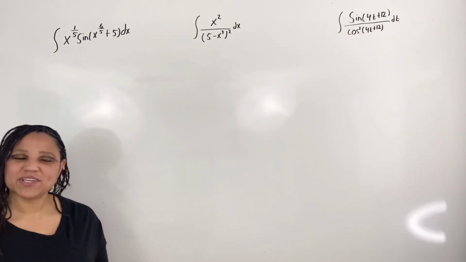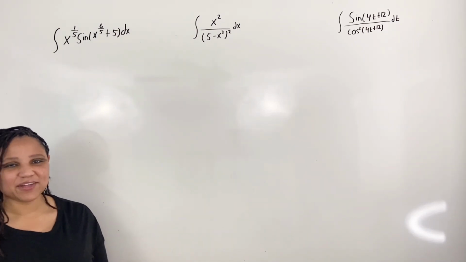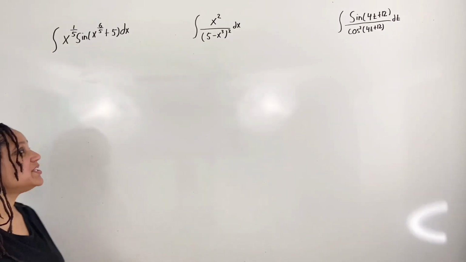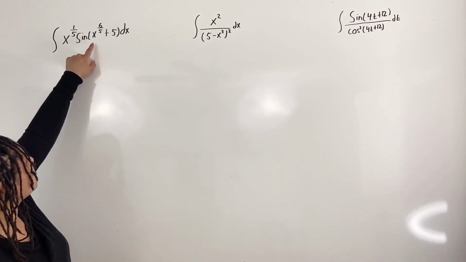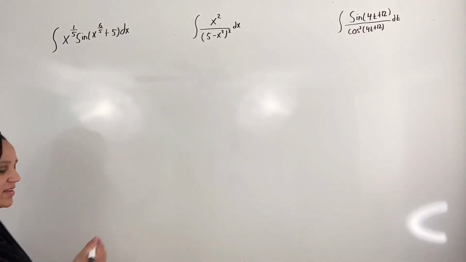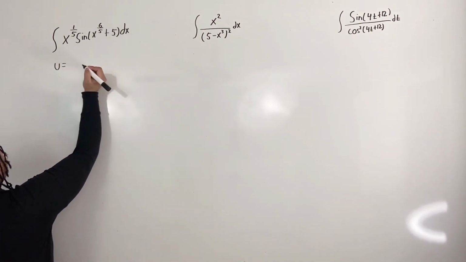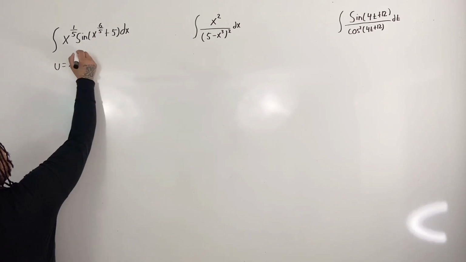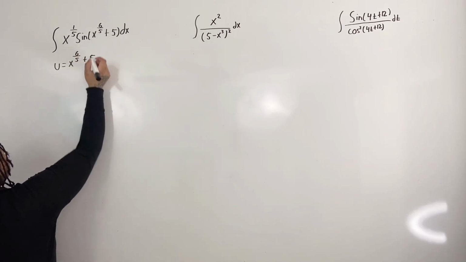Sometimes you have to guess the value of u and see which value works best. I'm going to choose u to be x to the 6/5 plus 5. So we're going to let u equal x to the 6/5 plus 5.